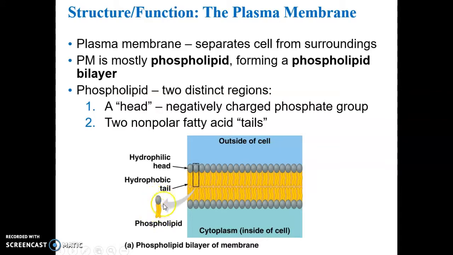This is one phospholipid molecule, and the yellow part is the lipid fat component, and the blue part is the phosphate group.